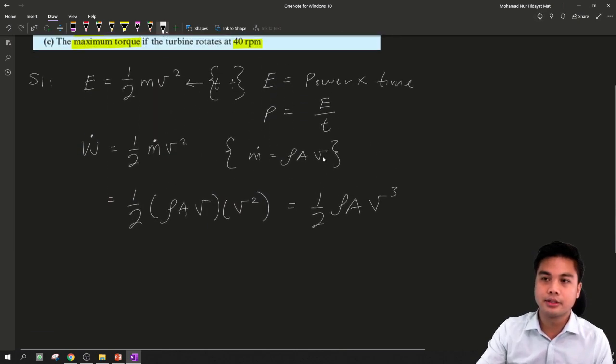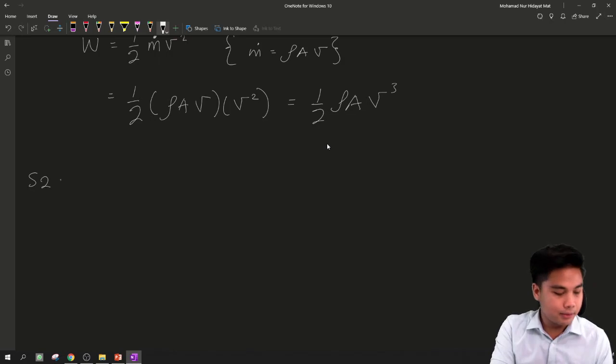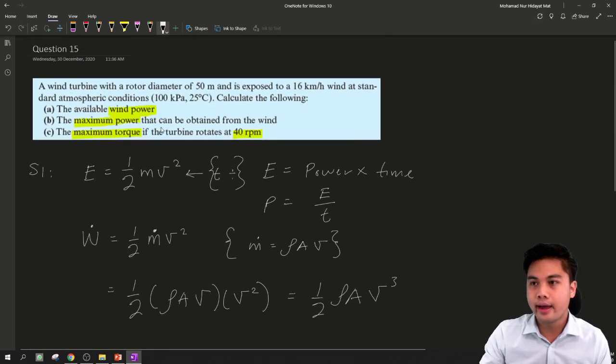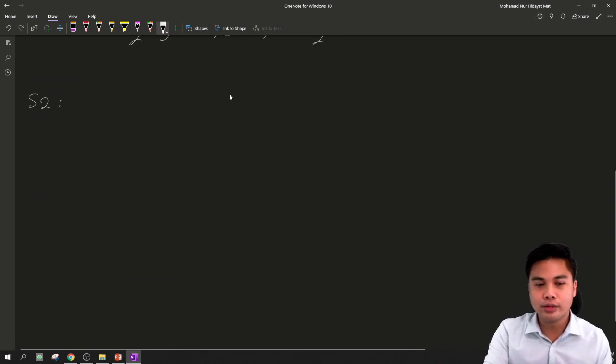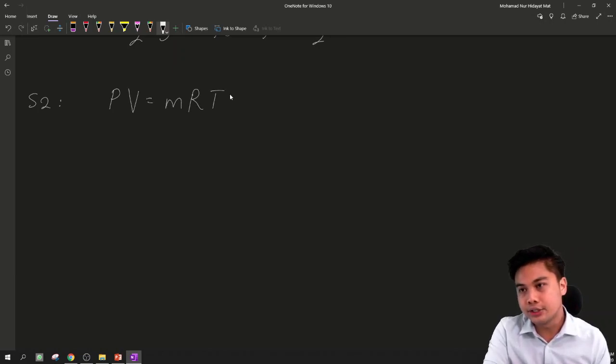Step number 2. We need to get the density of the air, given the atmospheric condition. Using the ideal gas equation, PV equals mRT: pressure, volume, mass, gas constant, temperature.